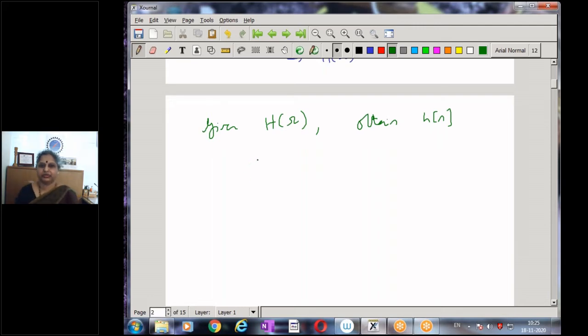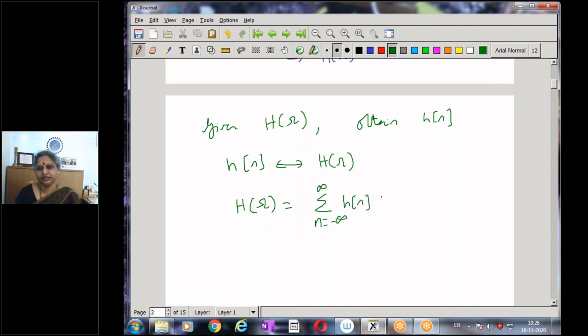Now, given h of n, if I want to compute the frequency response of the system, we know how to get it. That is, H of omega is given by the sum from n equal to minus infinity to infinity of h of n e to the power of minus j omega n.